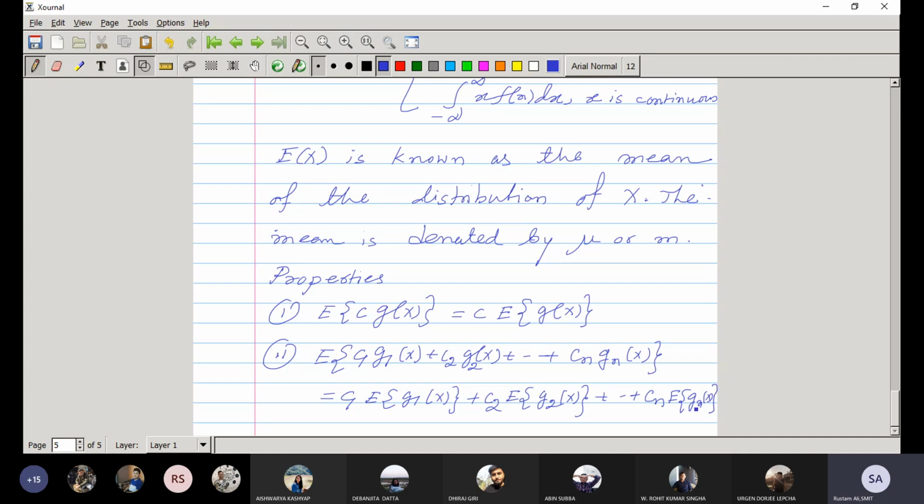Okay, so these are the properties of the mean of a probability distribution.